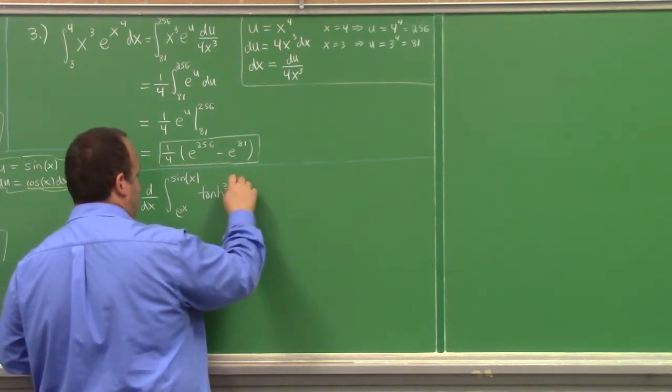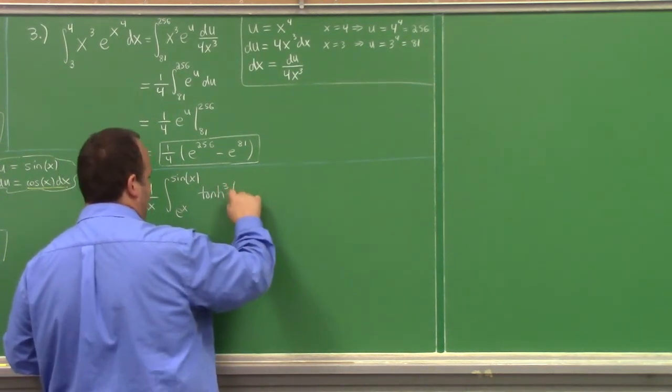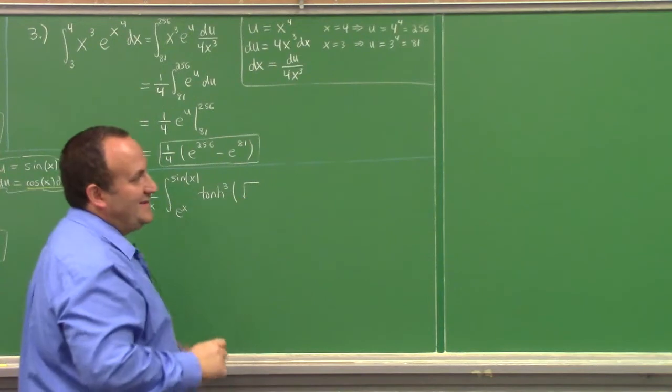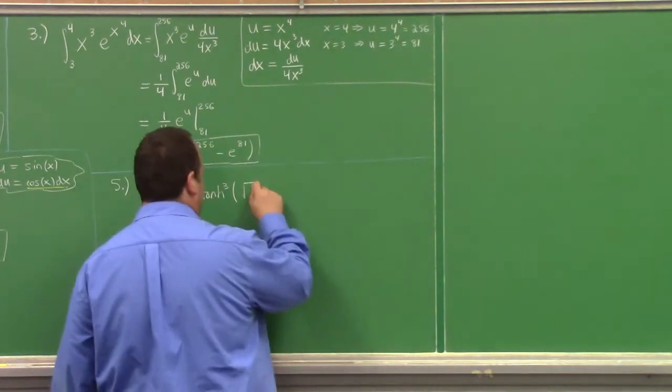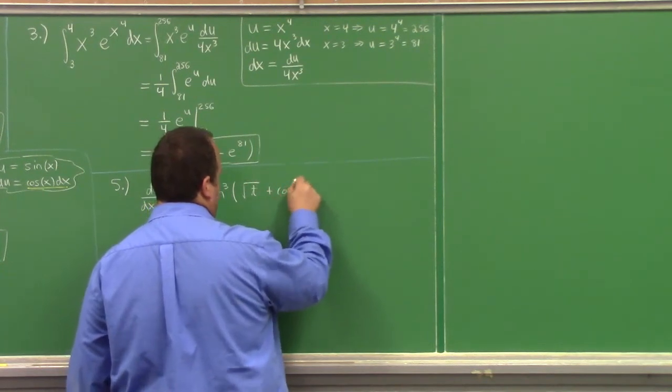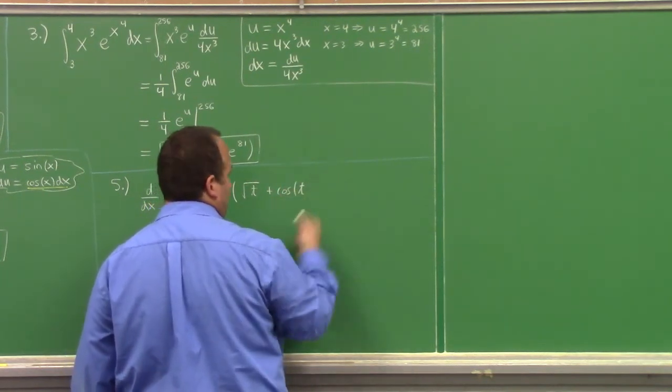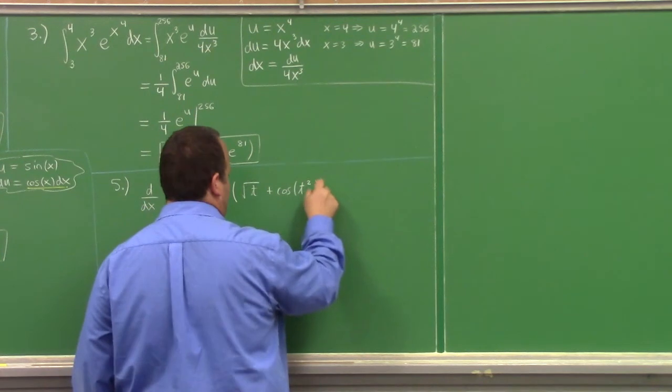The hyperbolic tangent cubed of the square root of t plus cosine of t squared. That's quite horrible, right?